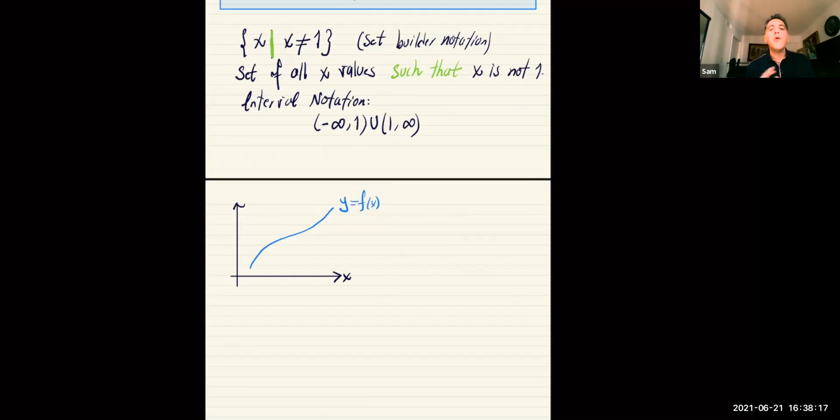This graph has no holes. It doesn't act funny. We call this a continuous graph. You don't see a hole, a vertical asymptote, or jumps. We're going to be dealing with all that, but this is just a typical nice smooth function.